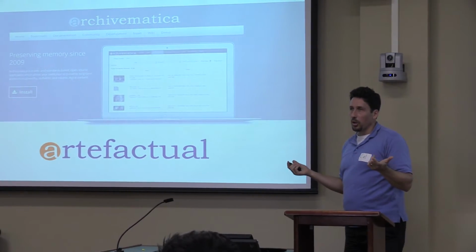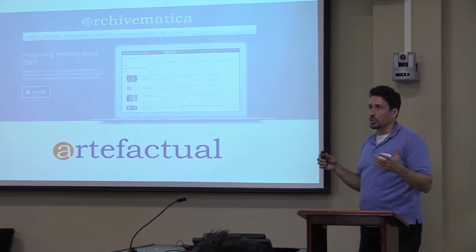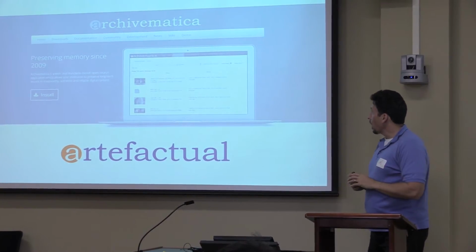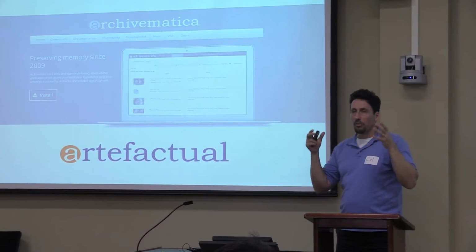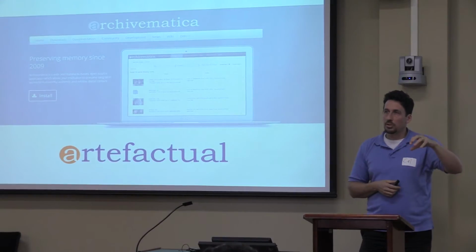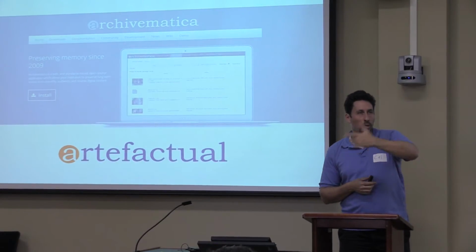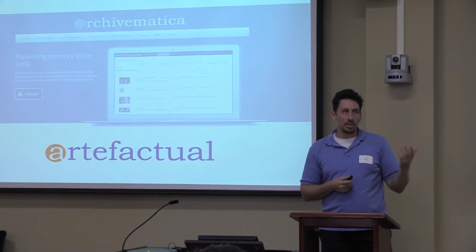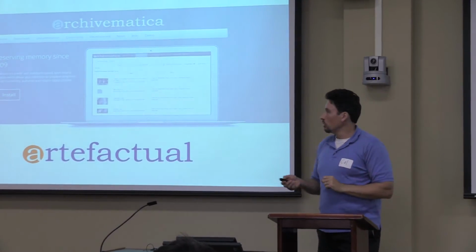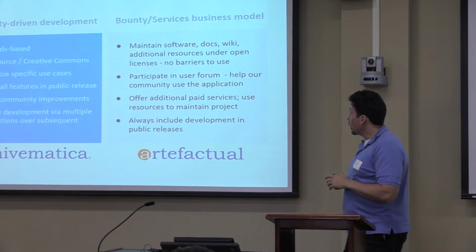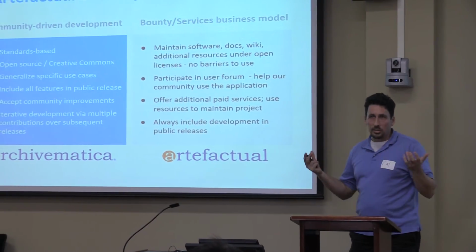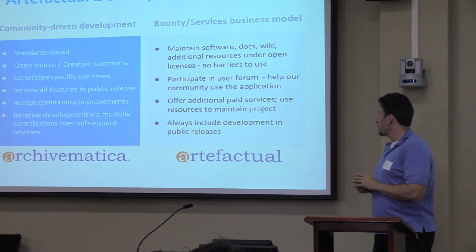If you're not familiar with Artefactual, they have AtoM, which is more of an archival description system, and then Archivematica, which is much more of a dedicated digital preservation environment. You have different little microservices that can do different things. You invoke them and you build your set of preservation activities around what you want those low-level open source tools to do. Their development philosophy is standards-based, based on archival principles, as with the previous two tools I was just talking about.